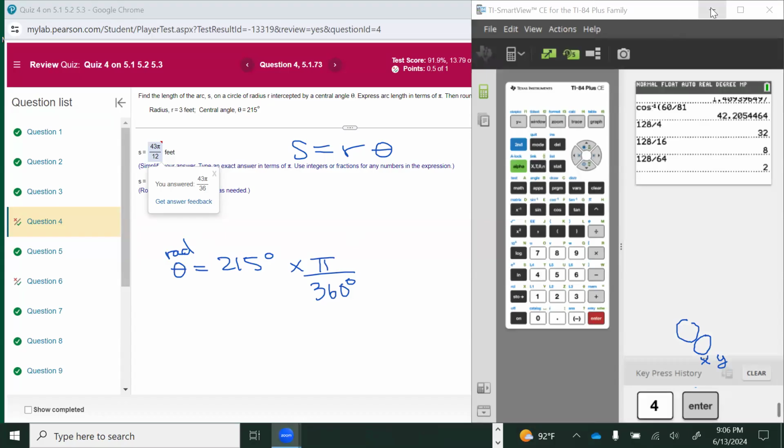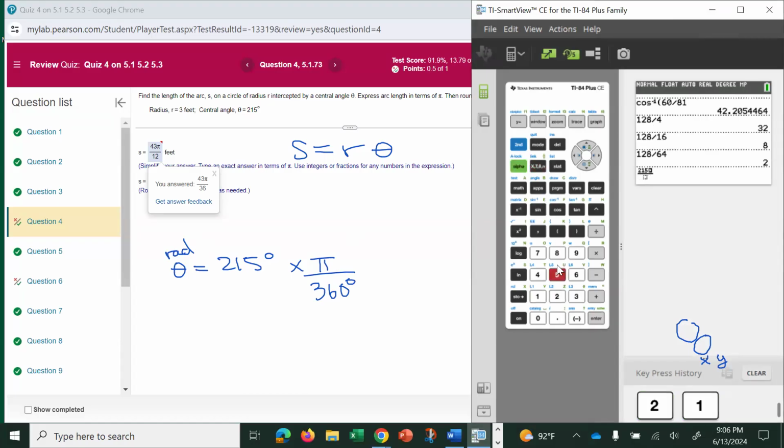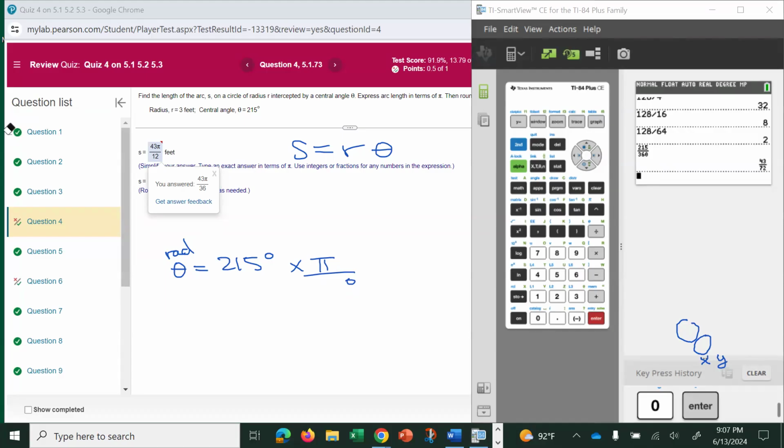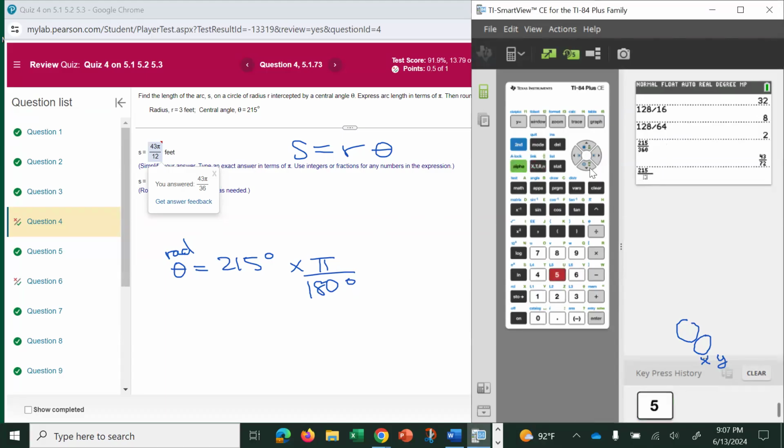If we do 215 over 360, and this is what you should do also when you take a quiz, oh, I did 360. Oh my goodness. Sorry, it was 180. Okay, something wasn't looking right. This is what happens when you're taking the quiz real late. So if you do 215 over 180, that converts it to 43 over 36.